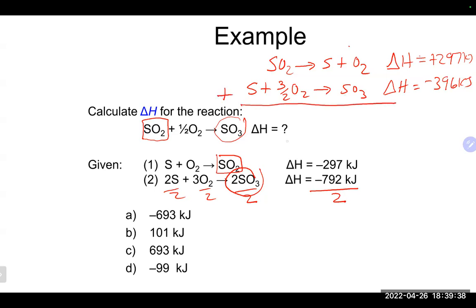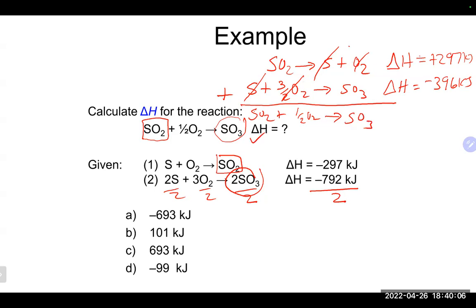Now, if I did this correctly and I add these two together, I should end up with the equation I'm looking for. So it looks like S cancels. I have 1 O2 and 3 halves O2. That's 1.5 minus 1 leaves me a half O2 on this side. So that leaves me my right equation, SO2 plus 1/2 O2 on the left gives me SO3. That is exactly what I'm looking for.